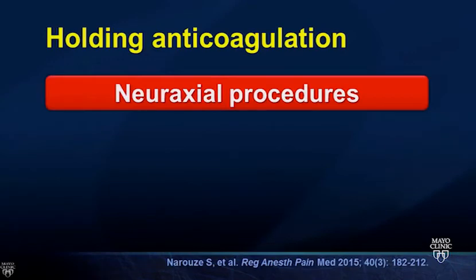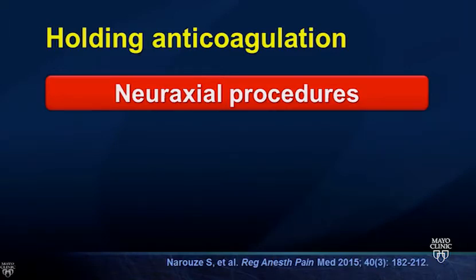I want to make one specific mention of patients undergoing neuroaxial procedures. These are things like your epidural steroid injections, your intrathecal catheter placements, your sympathetic blocks, your vertebroplasties, kyphoplasties, things like that. The proceduralists are dealing with high-stakes, high-value real estate in that situation. So you want to make sure you absolutely don't have any bleeding complications.